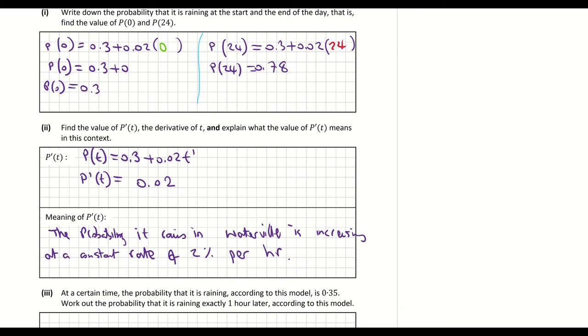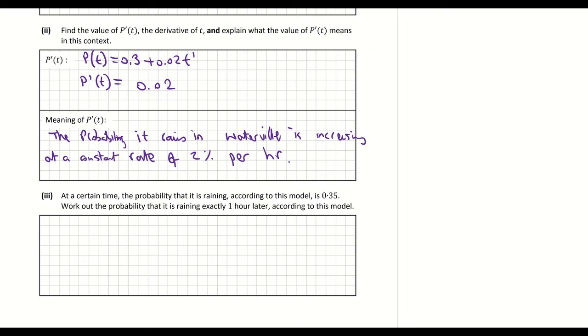Part 3. At a certain time, the probability that it is raining, according to the model, is 0.35. Work out the probability that it is raining exactly 1 hour later, according to this model. So let's come back up to the top. My model for it raining is the probability of T equals 0.3 plus 0.02 T. Now it's telling us that the probability that it's raining is 0.35, so I'm going to sub in that.